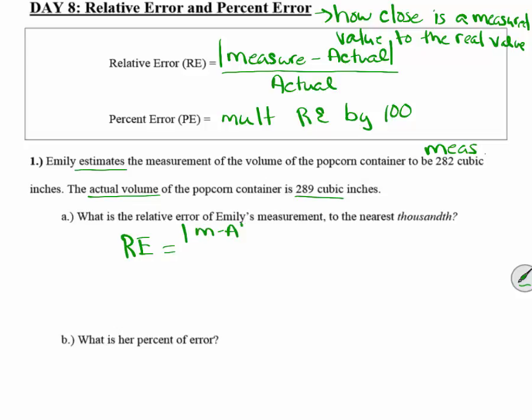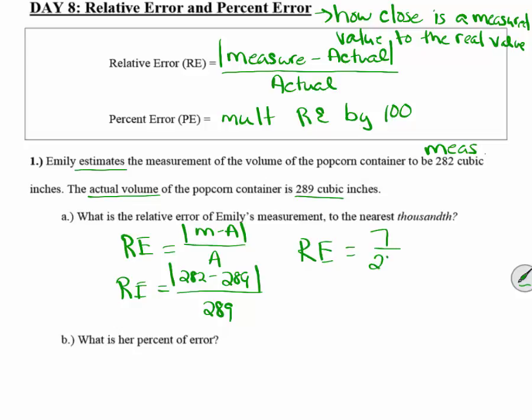M minus A over A. So her measured 282, the actual 289, absolute value of that all over 289. So this isn't even really solving an equation, but it does fall under the word problems part. So if I subtract those two numbers and take the absolute value, I'm going to get 7 over 289, which you can leave like that.